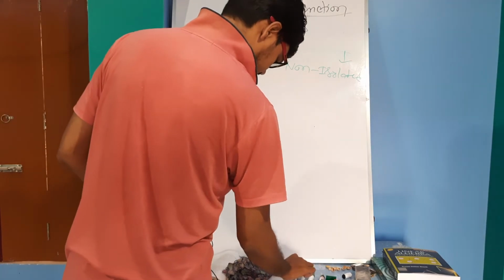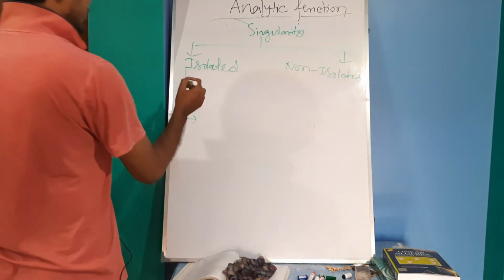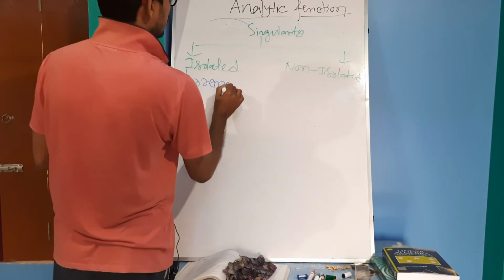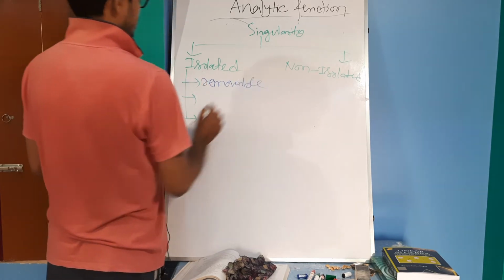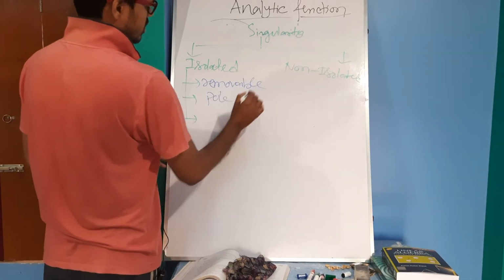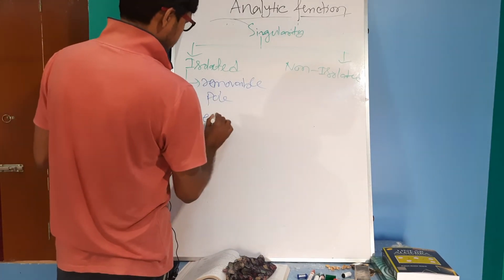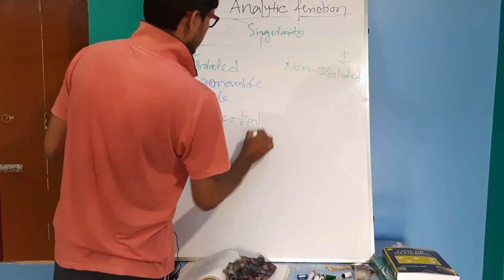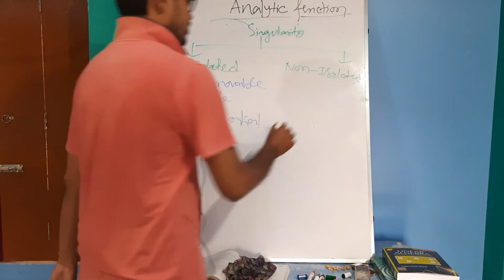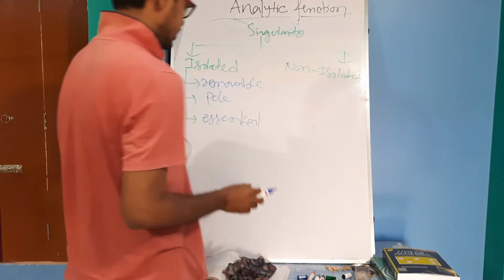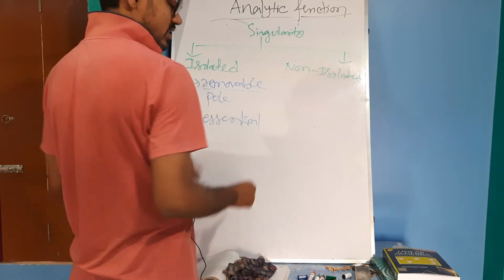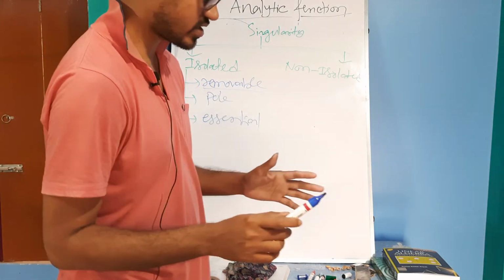From isolated you can put removable, pole, which means a finite order, I will give an example for this, and essential singularity. And for non-isolated singularity I have given that example. So removable I have mentioned, that is sin z by z at z equal to 0.